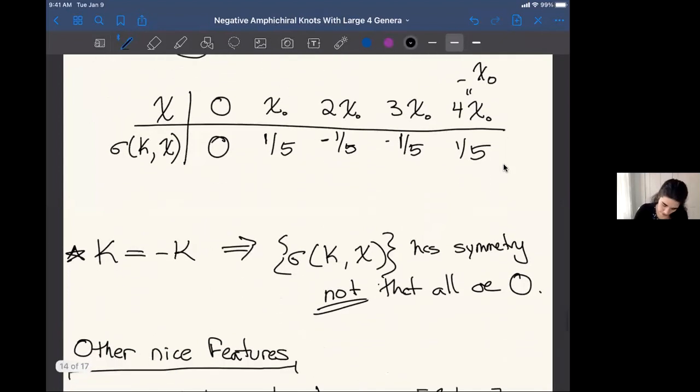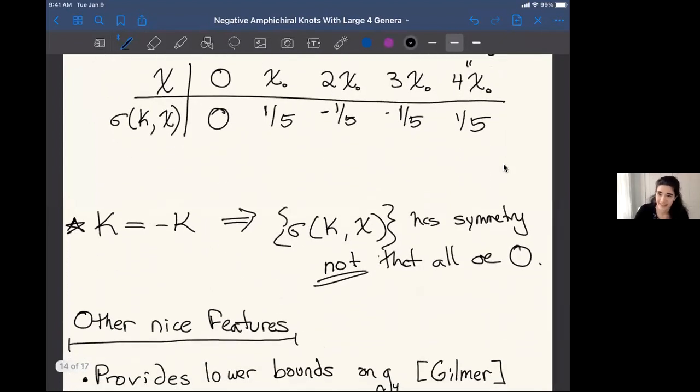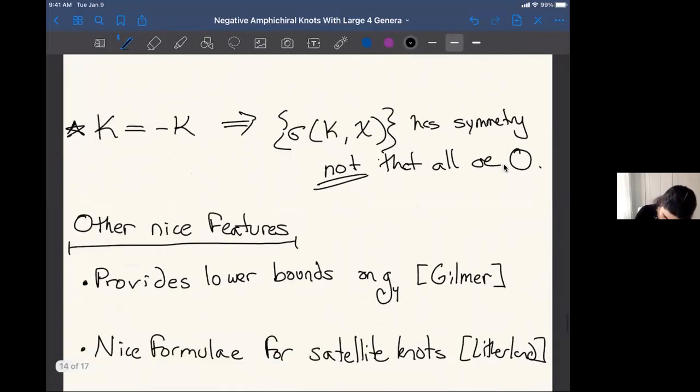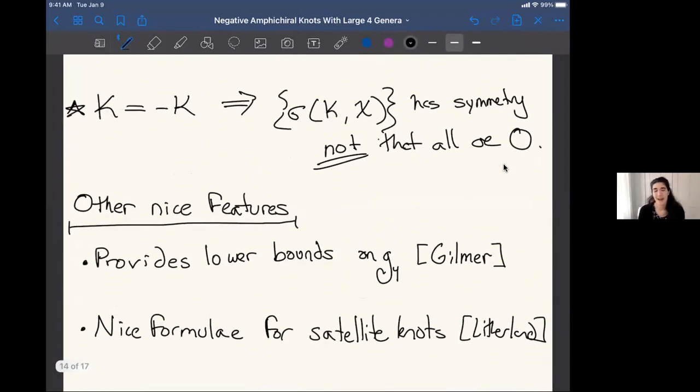So just 2 other nice features of Casson-Gordon signatures. First of all, they provide a lower bound on the, in fact, topological and therefore also smooth 4 genus, and that's due to Gilmer. I would be happy to state the precise formulation if anyone would like me to. It's a bit of a mouthful.